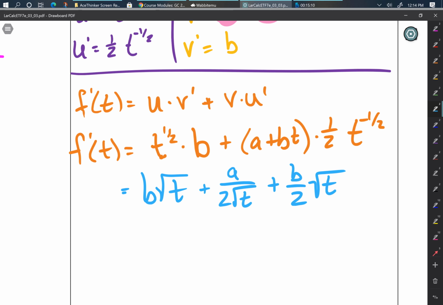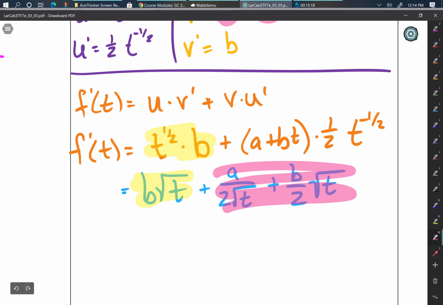All right, so I'm willing to bet that most people are comfortable with this. But I'm also willing to bet there's at least one person out there going, where did this come from? Right? I distributed times a. A times a half is a over 2. And what does t to the negative 1/2 mean? T to the negative 1/2 means a root of t downstairs.